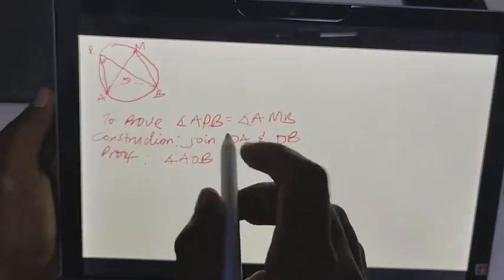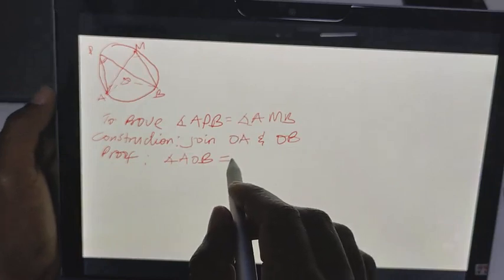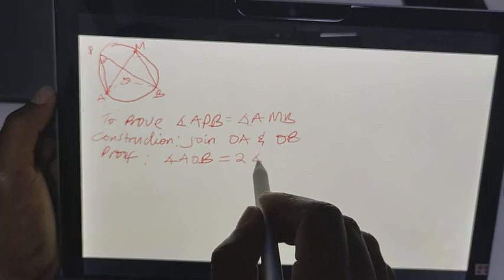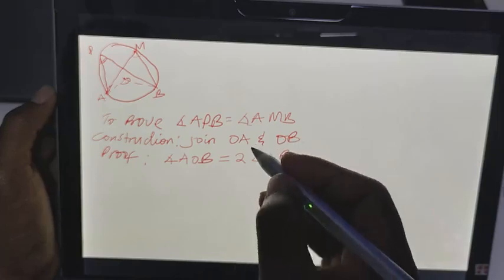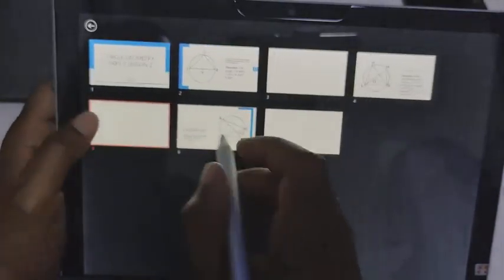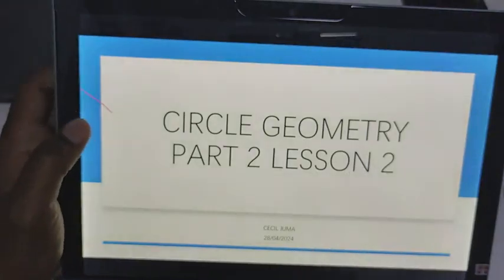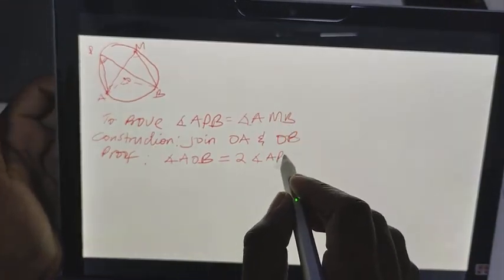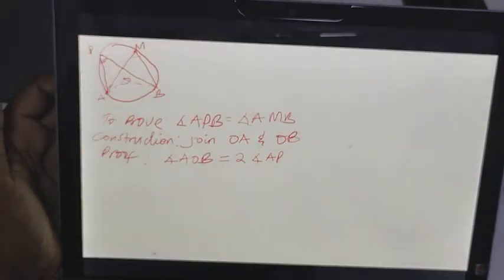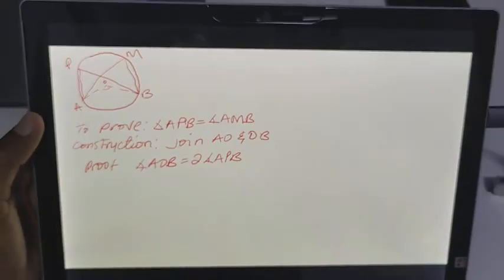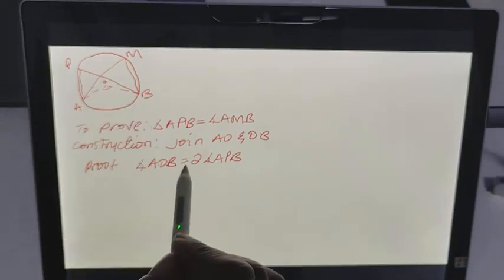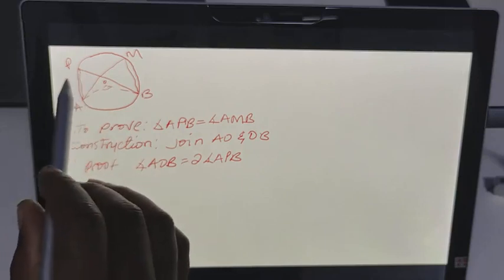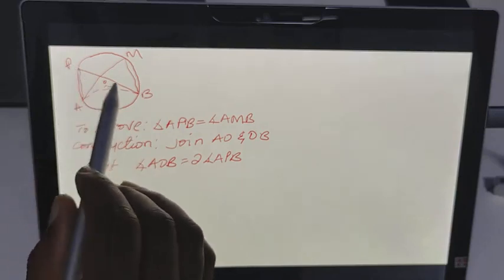AOB should be equal to 2 times angle APB.